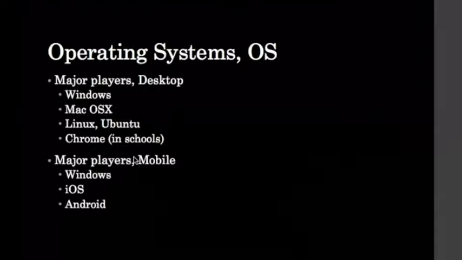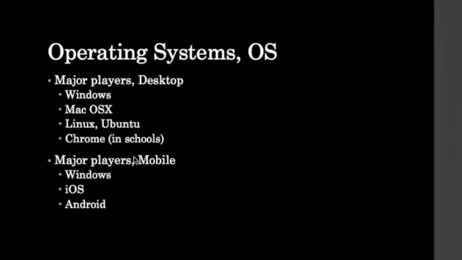So we ended last week with a preview of this week: this is the world we live in now, and this is the world we might be living in the future, with the way things are adjusting and changing. The major players are Windows, Mac OS X, and Linux, which right now is a small part of the market anyway, but it's mostly Ubuntu.